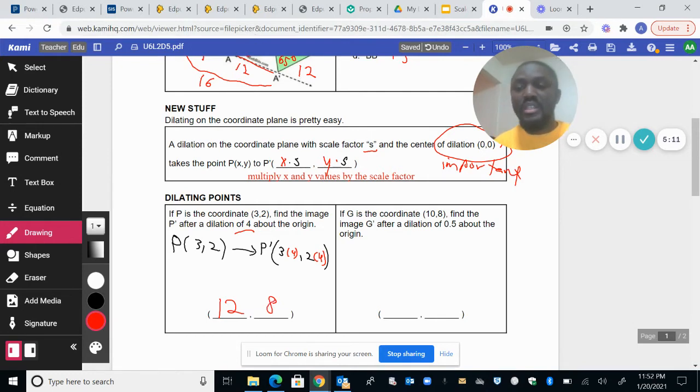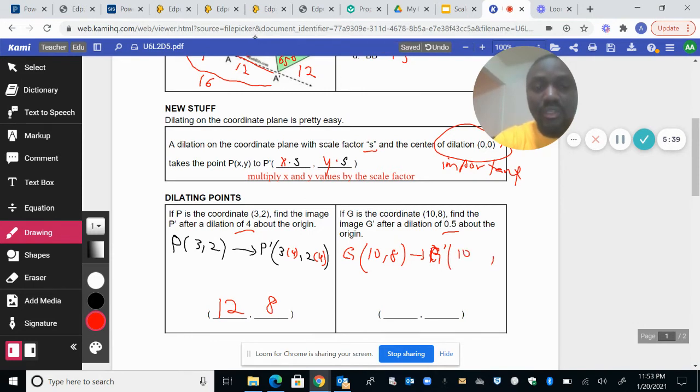So here we can see that we have an enlargement because the scale factor is greater than 1. On the other hand, since the scale factor here is between 0 and 1, less than 1 and greater than 0, it means we're going to have a reduction. So let's go. We have G, the pre-image 10, 8, and the image of G, which is G prime.